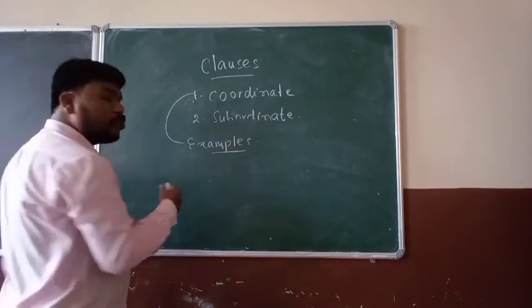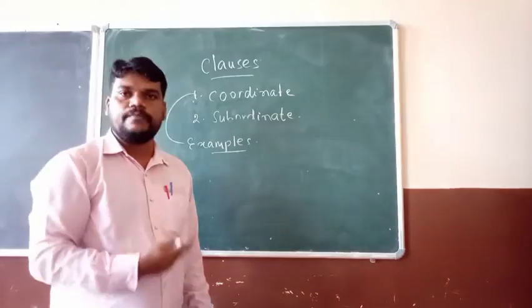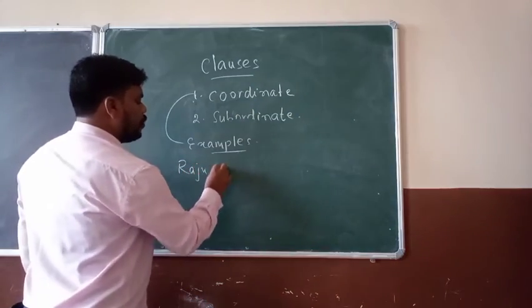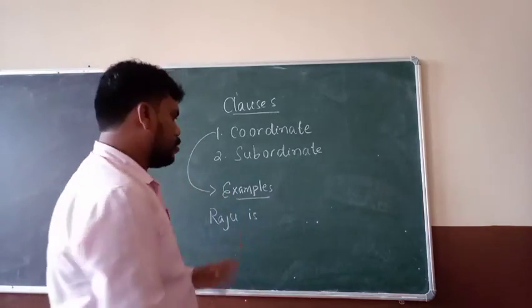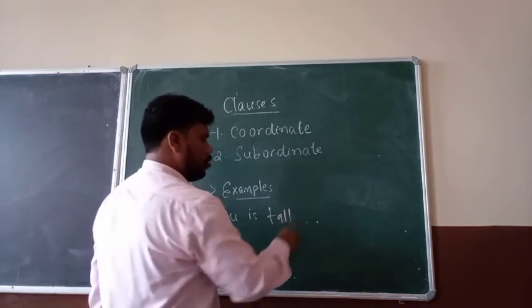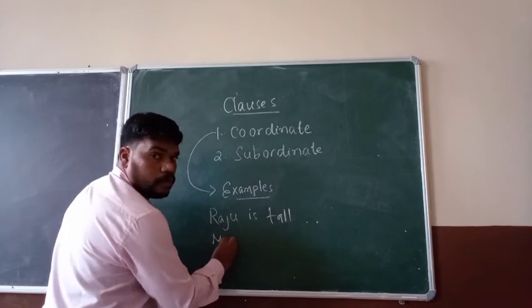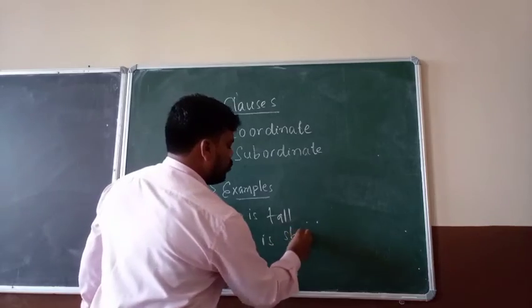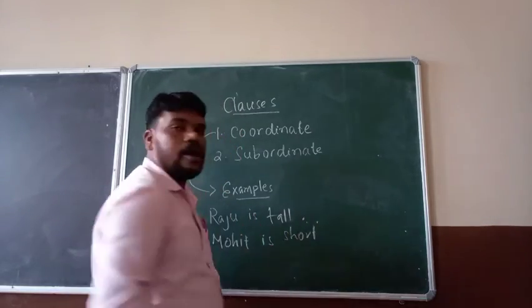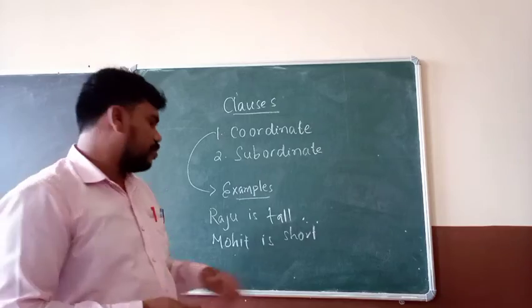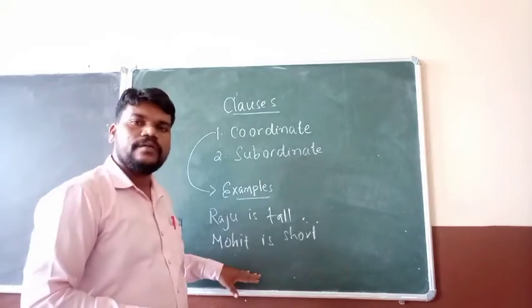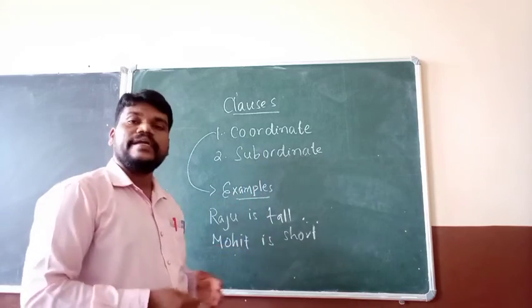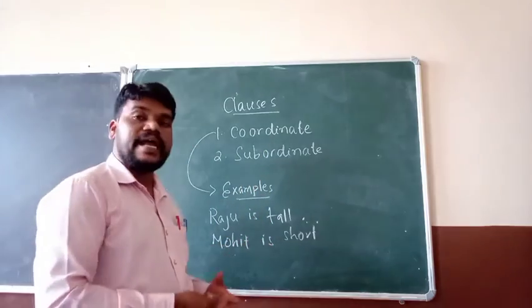Another example that we will be seeing for better understanding. Here two contrasting things we will be seeing, like Raju is tall. Mohit is short. So how can we make this one sentence? These are the two clauses we are having, and we all know that we have to put the coordinating conjunction, then we can make it a sentence.